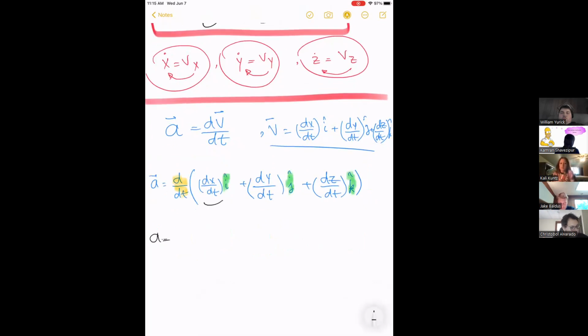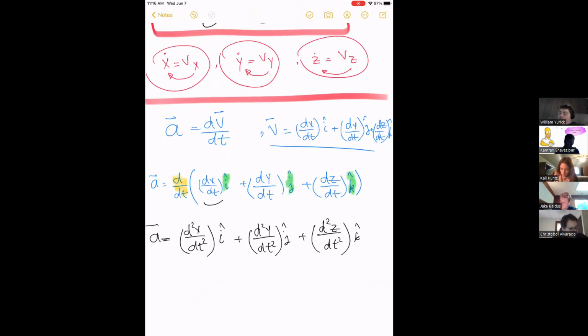So the time derivative of dx/dt is going to be d2x/dt2 i, d2y/dt2 j and d2z/dt2 k.